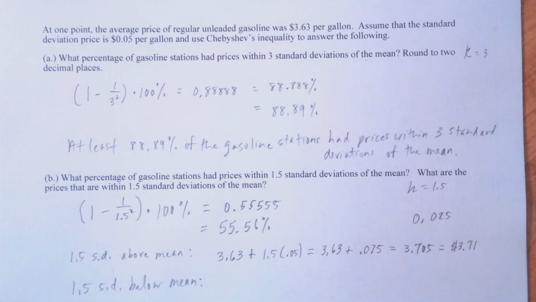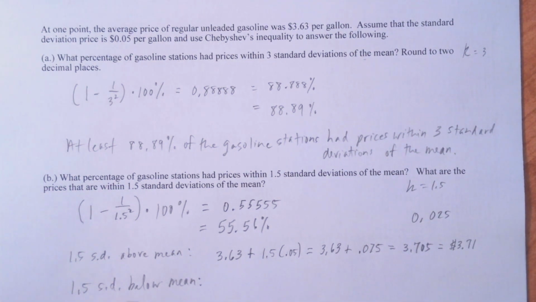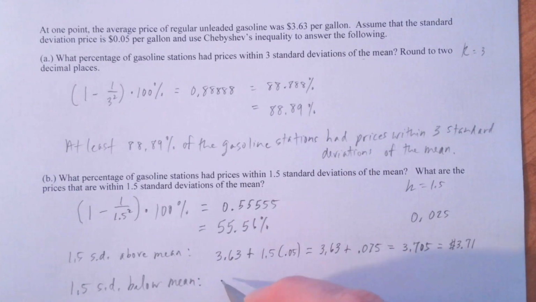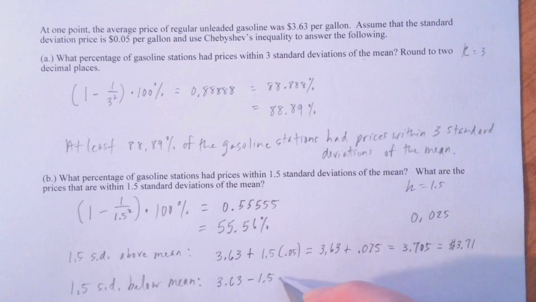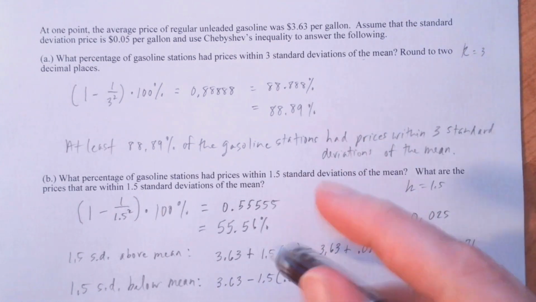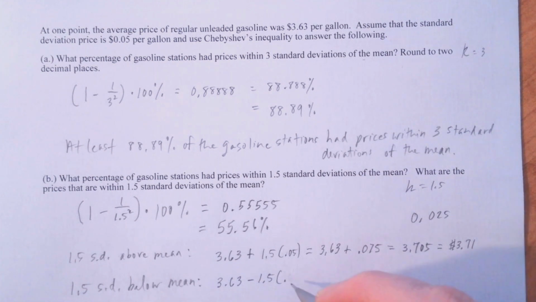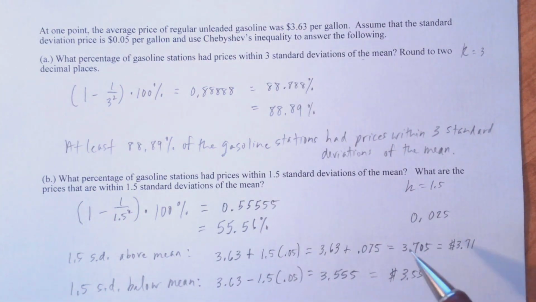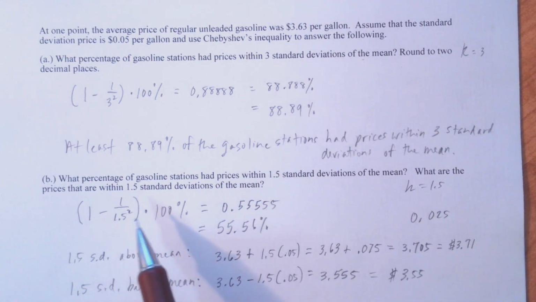Okay. So then to find the value that's 1.5 standard deviations below the mean, you take the 363 and subtract 1.5 standard deviations. And here you should get 3.555, which rounds to $3.55. So it said, what are the prices that are within 1.5 standard deviations of the mean?